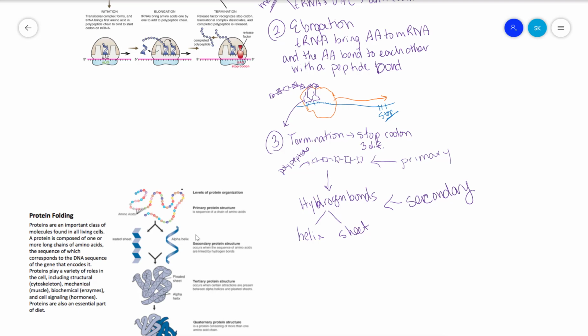Now, we have a helix or a sheet. A helix just basically looks like this, and a sheet is going to be like a folded sheet of paper, and I really don't know how to show you what that looks like.